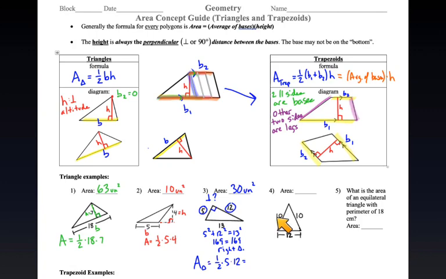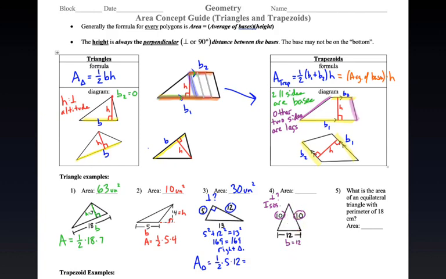Number 4 gets a little bit more interesting. Where's my right angle? Well, we're going to have to create it here. But this is an isosceles triangle. This is the reason we did this in Unit 8. If my base is 12 and those legs are both 10 in an isosceles triangle, the altitude chops that base in half so that now we can use the Pythagorean theorem to calculate the height.